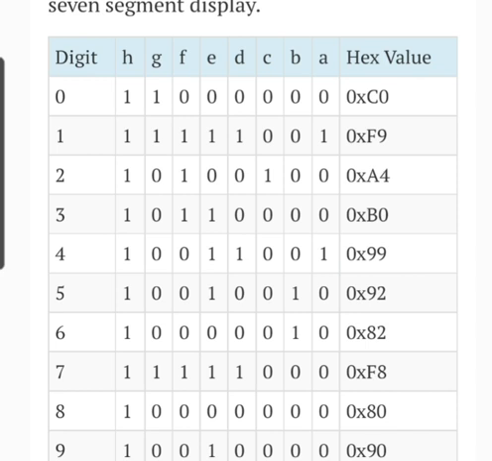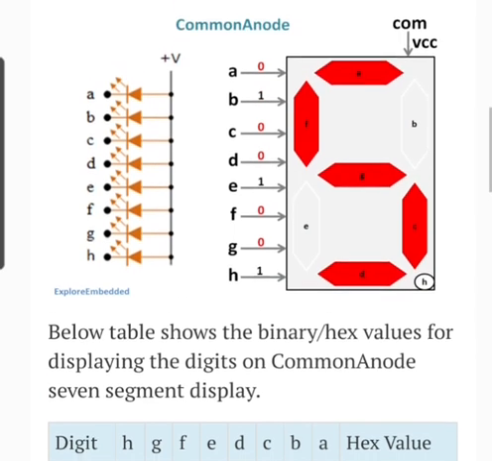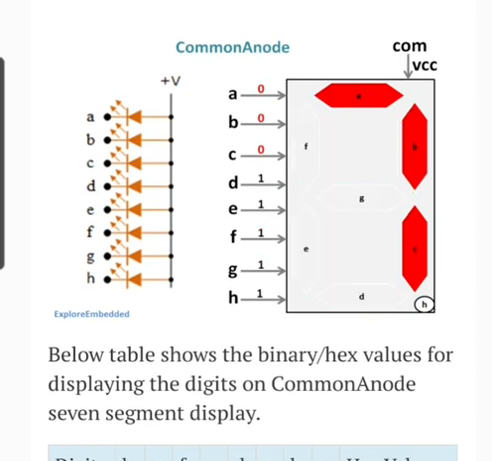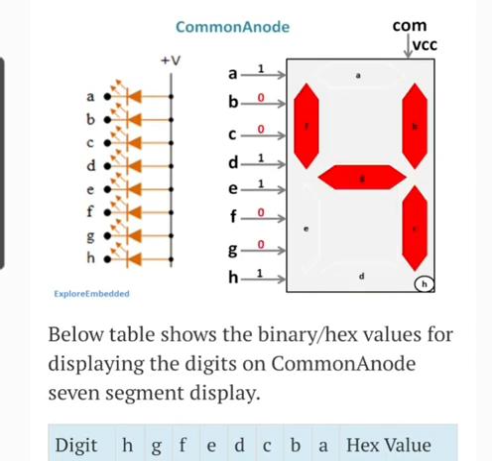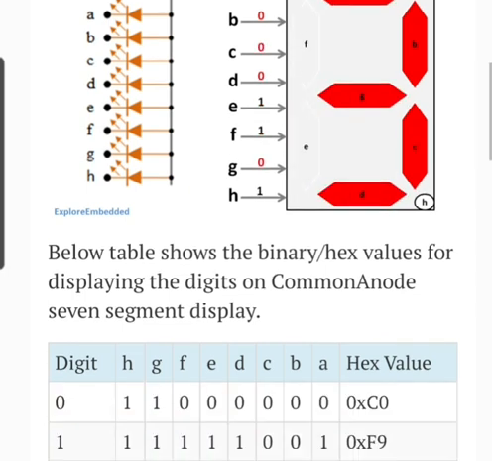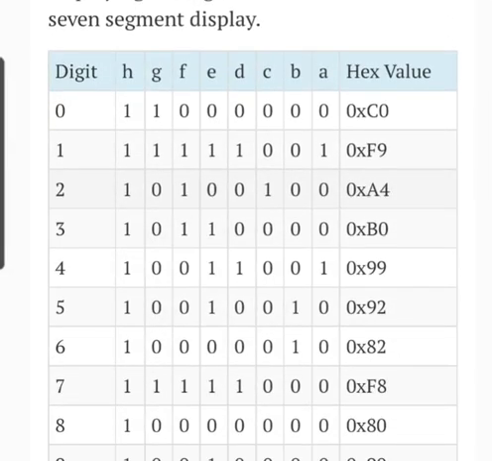Here digits 0 to 9 are shown, then H, G, A, B, C, D, that means the lines which are used to denote the number. For digit 0, the lines A, B, C, D, E, F are all 0, only G and H are high, and its hex value is also given here.